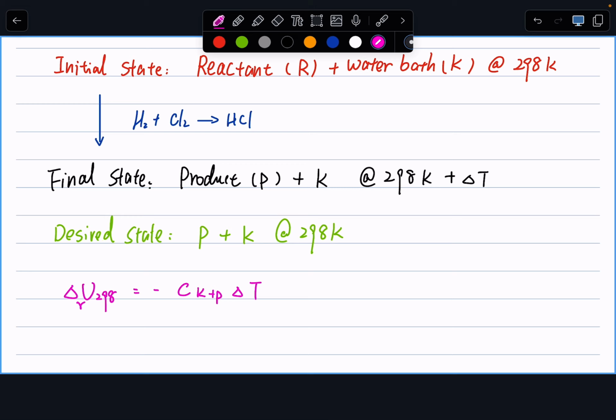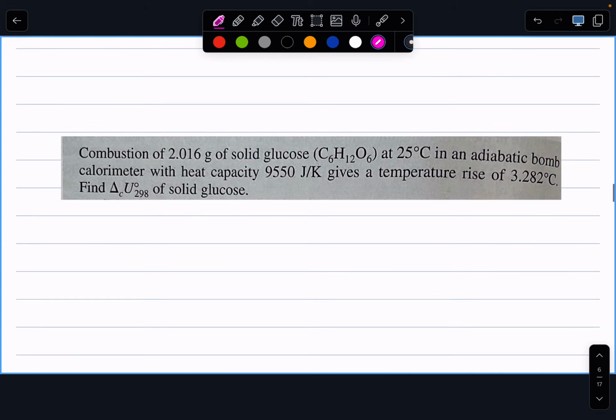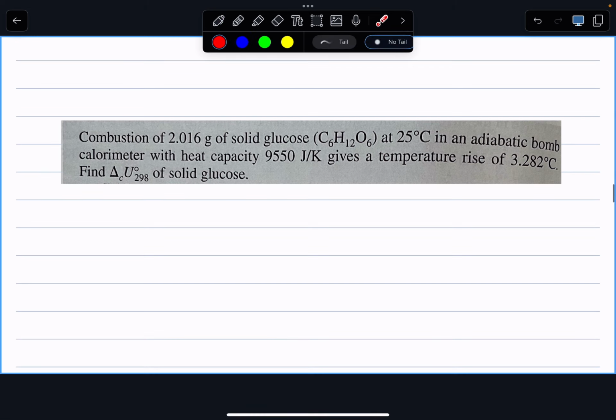So this part is pretty much just going to be a very straightforward plug-in number type of question if we ever ask you. For example, this is the kind of question you might see in your textbook.